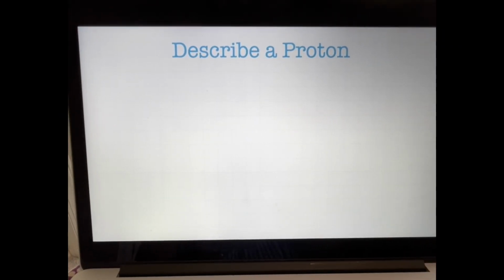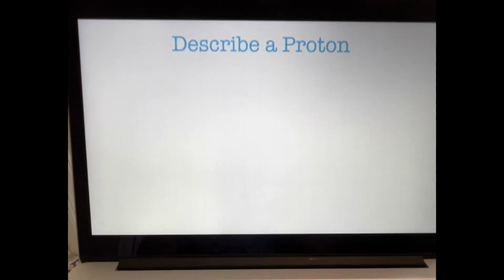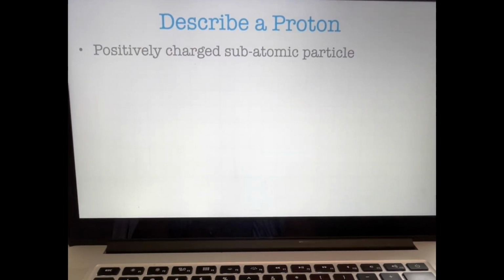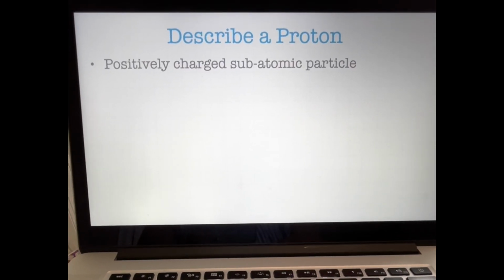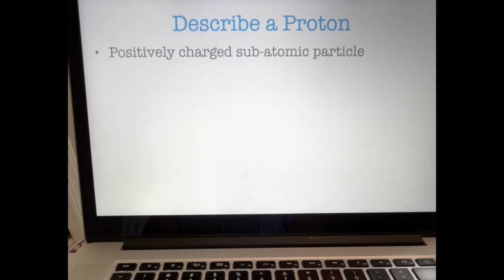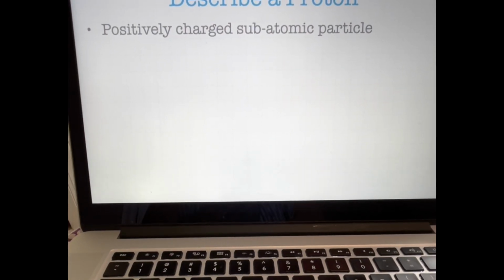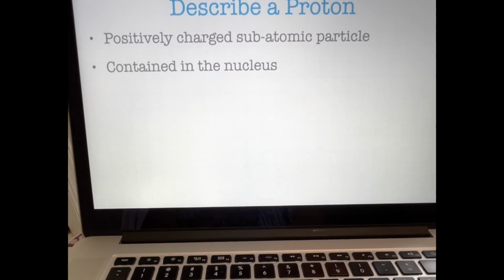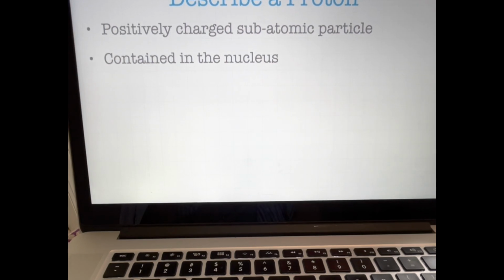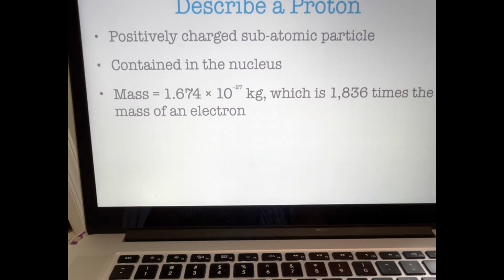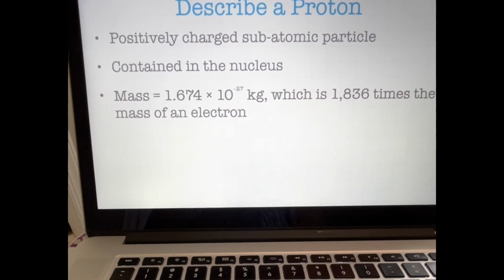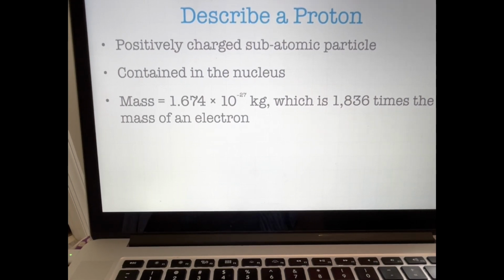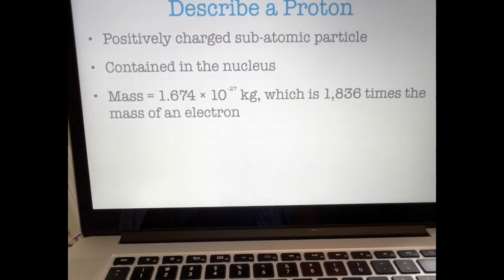Okay, let's describe a proton. Let's just take a step back and talk about a proton. A proton is a positively charged subatomic particle. It lives in the nucleus. It's contained in the nucleus. Its mass is 1.674 times 10 to the negative 27th kilogram.